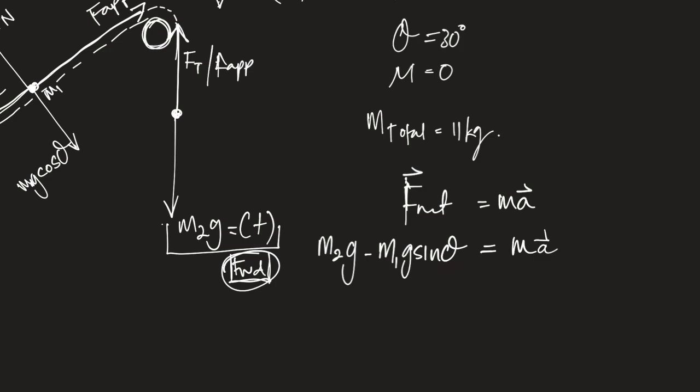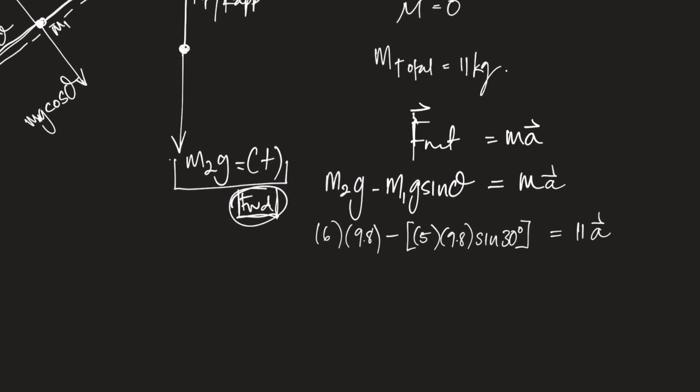M2 in this whole thing is 6, G is 9.8, minus M1, which is 5, multiplied by 9.8 times sine 30 is equal to the mass of my whole system, 11 kilograms, multiplied by acceleration.